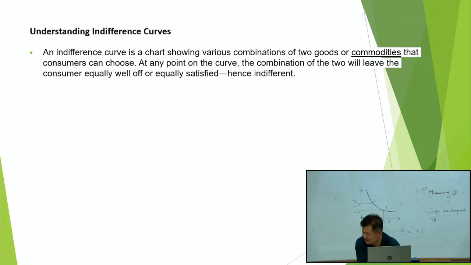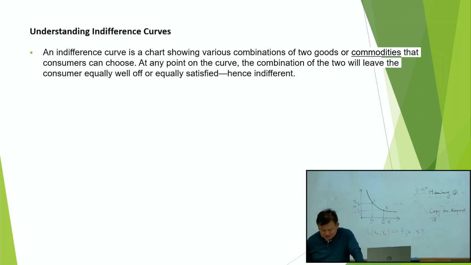Okay, so indifference curve is the keyword. Let me show you the keyword. The indifference curve shows the combination of two goods, as I said, in various quantities. Many quantities are here, and then you choose.